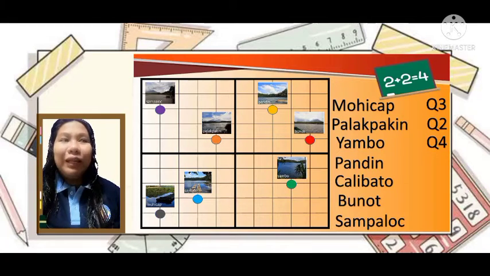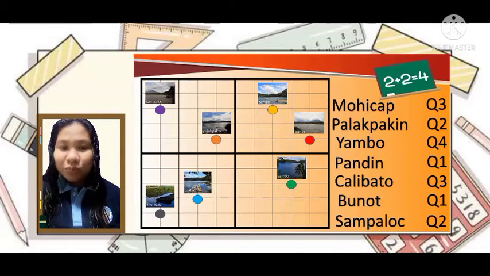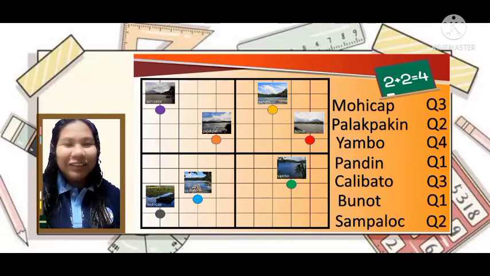Next one is Pandin Lake, and that is in quadrant 1. Next is Calibato Lake, and that is in quadrant 3. Next one is Bunot Lake, and that is in quadrant 1. Last one is Sampaloc Lake, and that is in quadrant 2. Did you get all correct answers? Great!